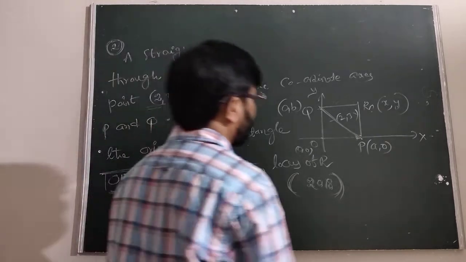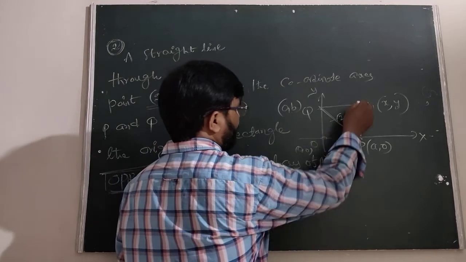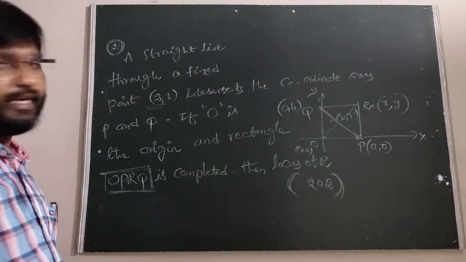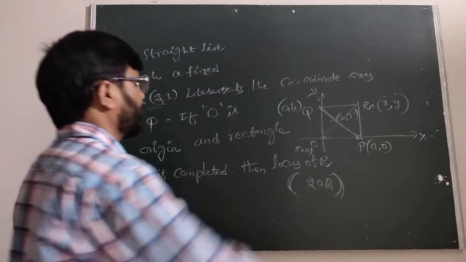We have to know that the diagonals of a rectangle bisect each other. That means the midpoint of OR equals the midpoint of PQ.